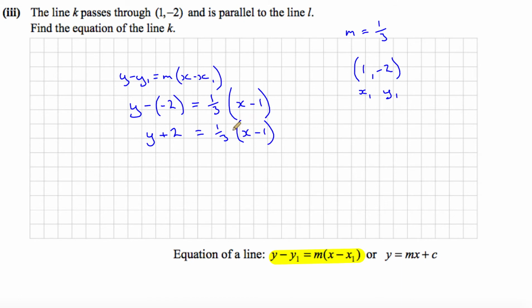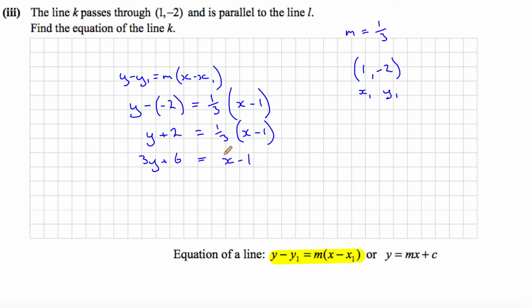Now some people might multiply this bracket out here, you can do that, but I like to get rid of the fraction first, so I'm just going to multiply everything by 3. So if I times the left by 3, I get 3y plus 6. Make sure you multiply each part by 3. And then over here, 1/3 of x minus 1, if I multiply that by 3, this fraction disappears and I'm just left with x minus 1.